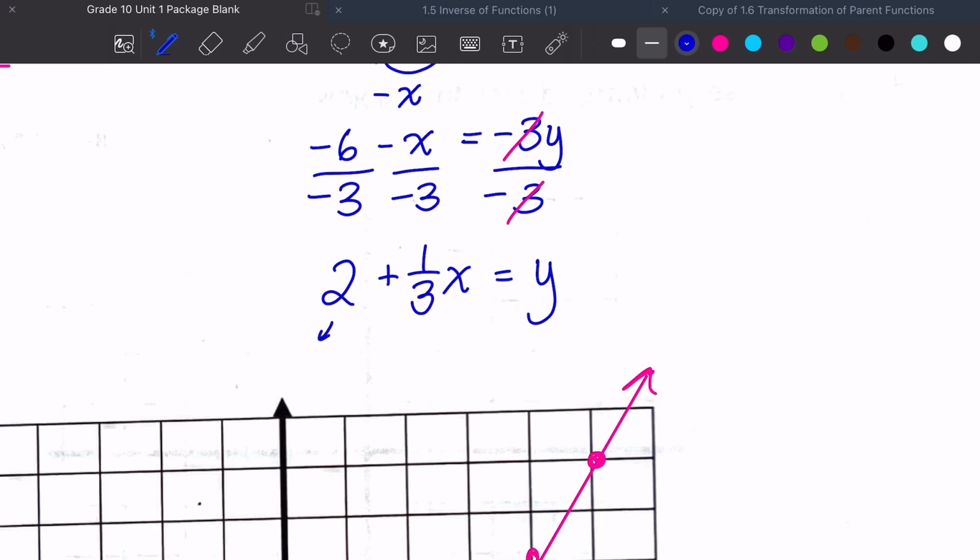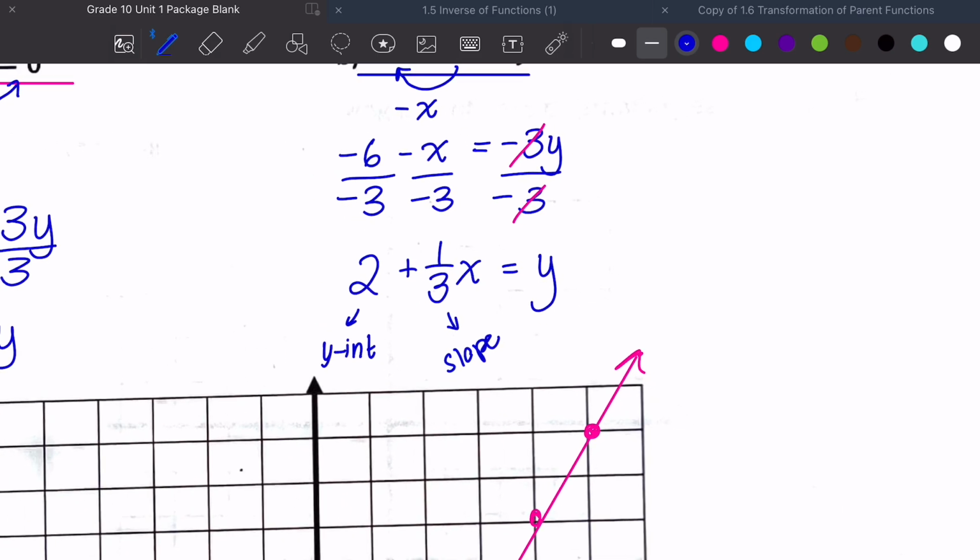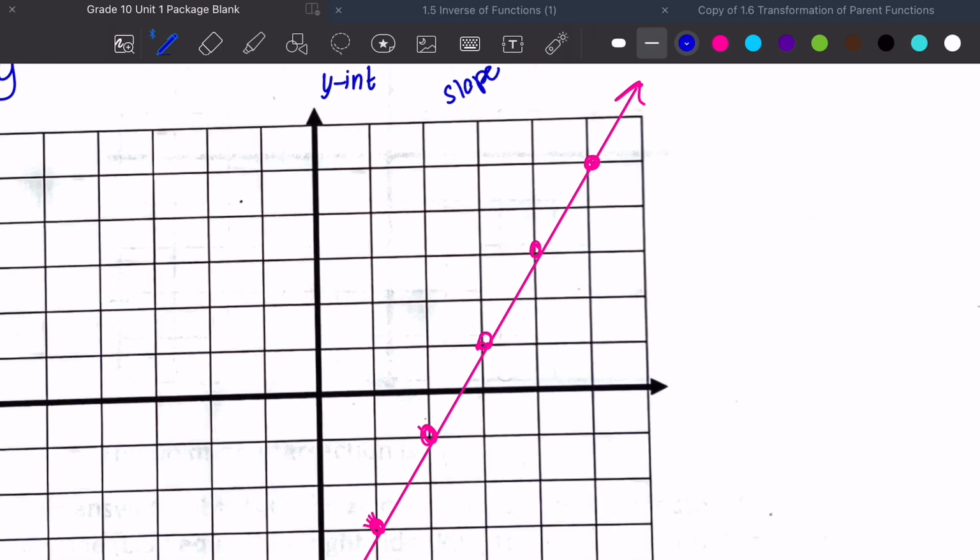And voila, you've got that. Where again, this is your starting point, this is your b, or your y-intercept, and then whatever has the x variable attached to it, that's your slope. Because it's a fraction, this is a little easier to see rise over run, right? Your top number is rise, bottom number is run. You go up 1, right 3. Up 1, right 3, yeah, exactly.